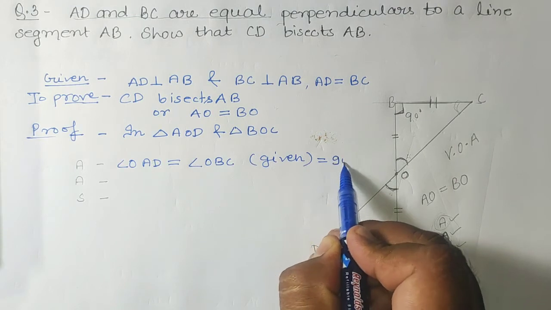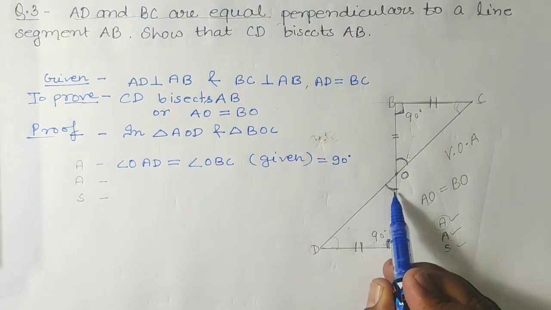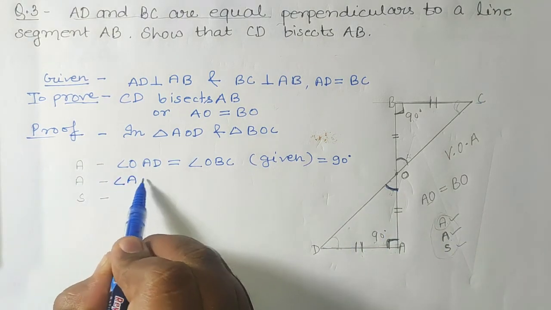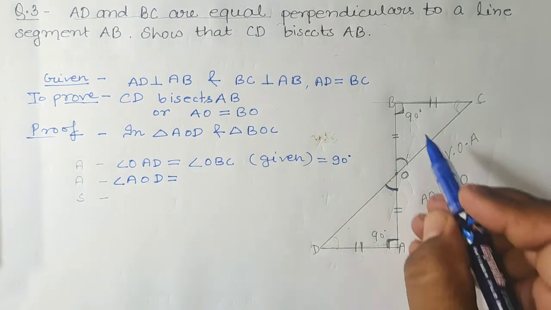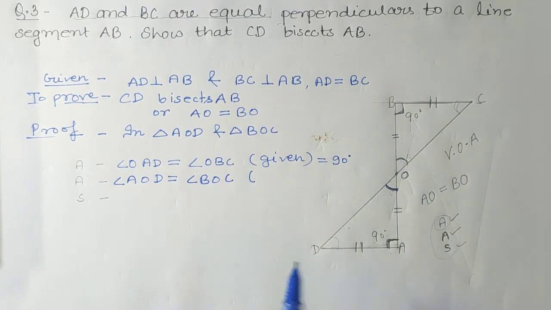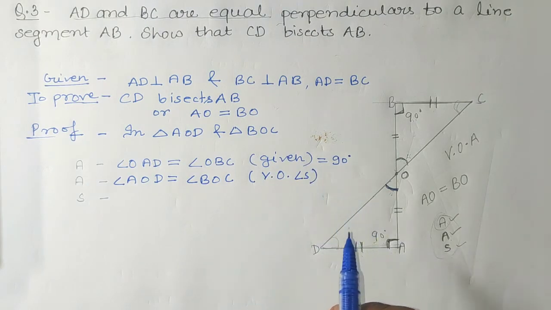Both are equal to 90 degrees, so it is equal. Now one more angle is there, this angle. So angle AOD is equal to angle BOC. Why? Because of vertically opposite angles.